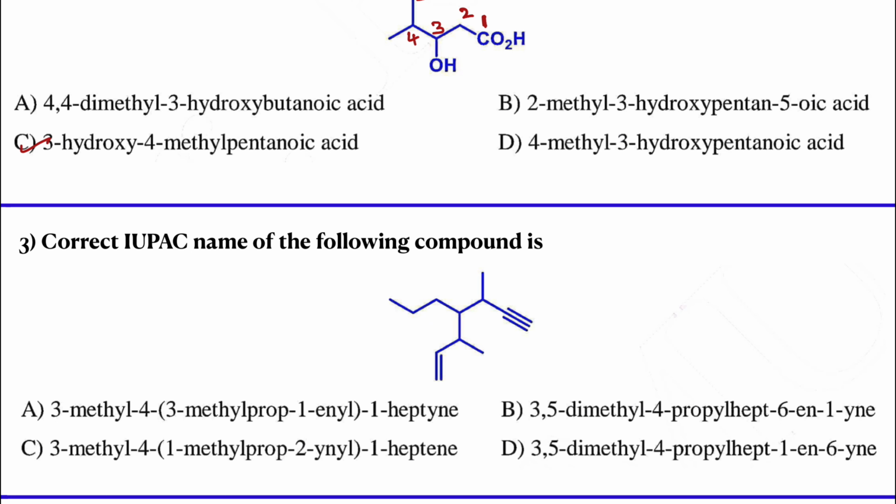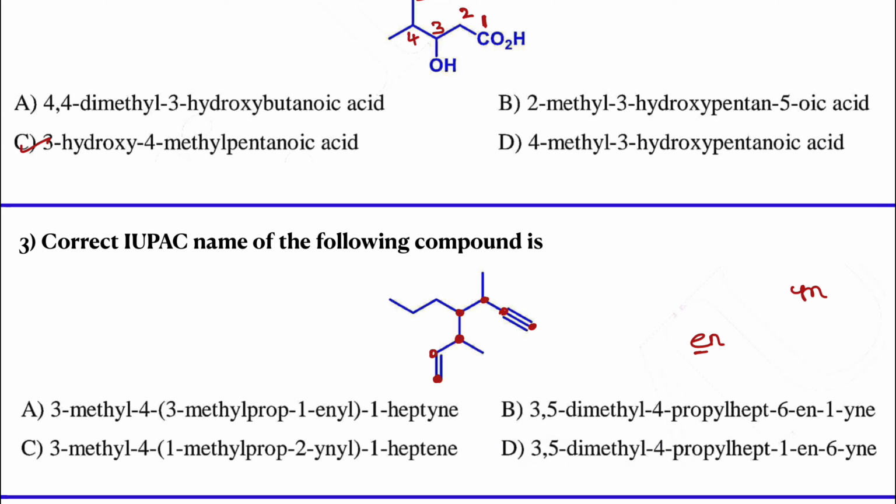Again we have various combinations. So this will be the correct combination. After applying all the rules, you will conclude that this is the longest chain. One terminal has an ene double bond, another terminal has a yne. According to the least locant rule, from both the terminals the locations are the same.